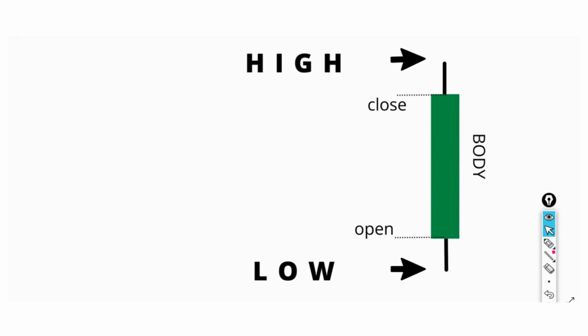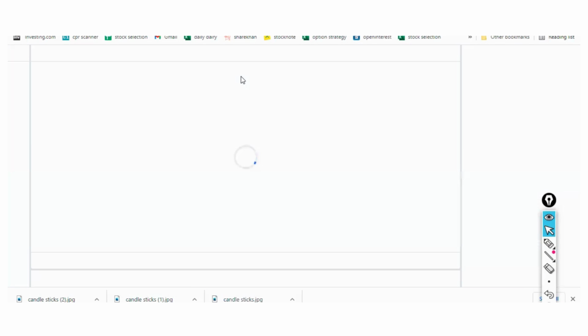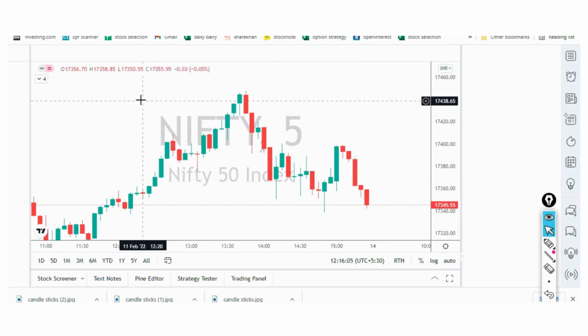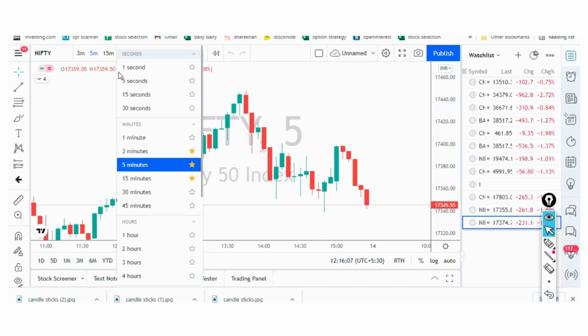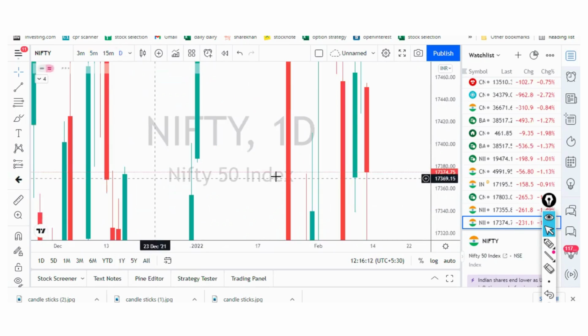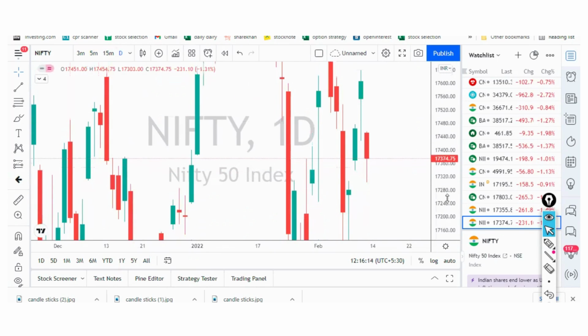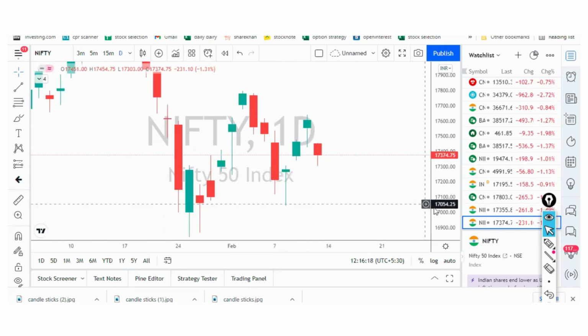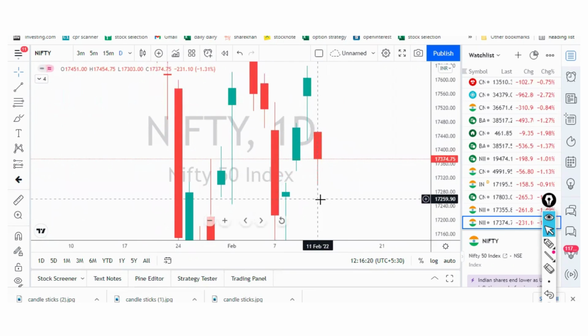Now let's go to the chart of Nifty. Let's go to the daily chart. See, the color red signifies this is a bearish candle.